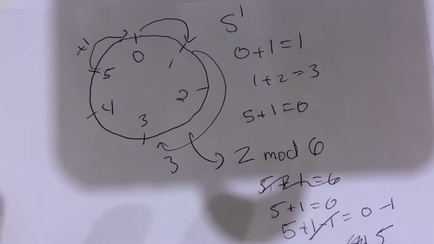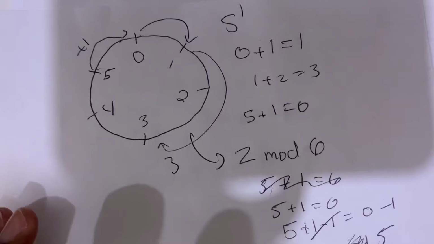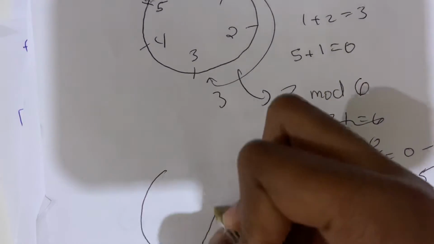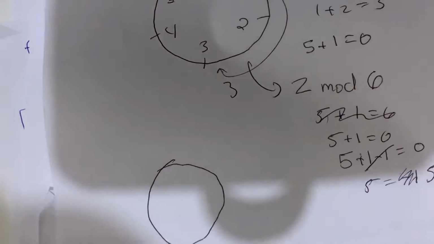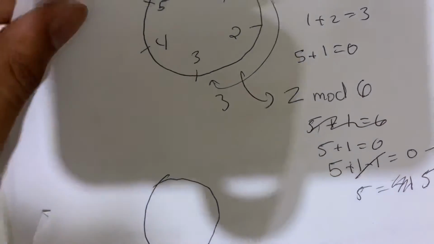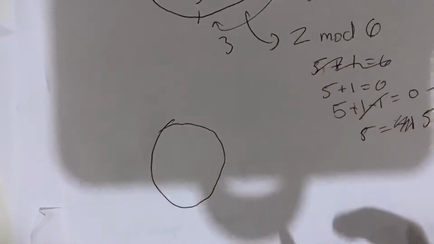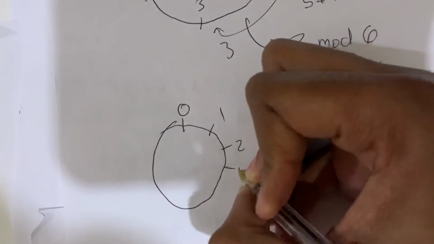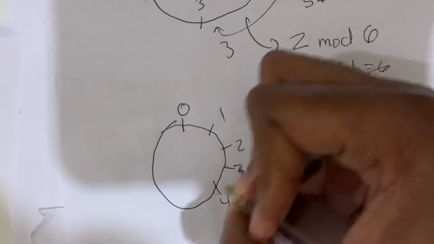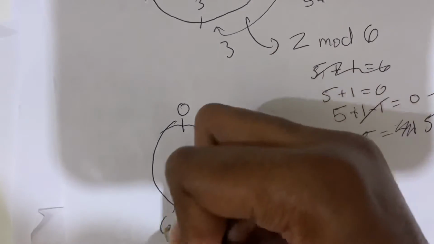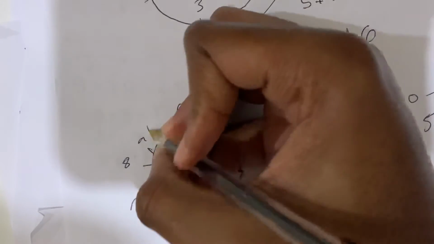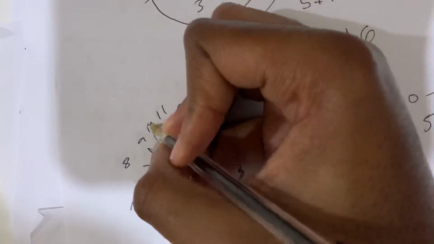And it's not actually as foreign as we might expect. For example, take the 12-hour clock. Instead of using 12 at the top, let's just use 0. So here I have 0, I have 1, 2, 3, 4, 5, 6, 7, 8, 9, 10, 11, okay.